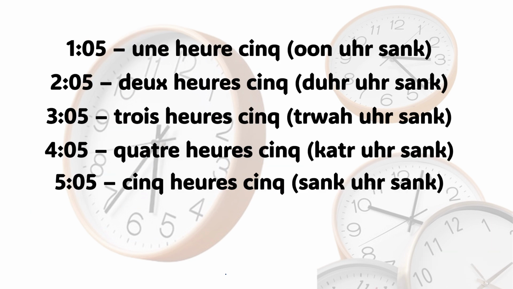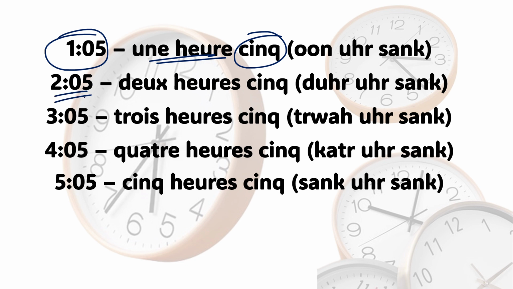Let's see some other examples. This is 1:05, like 1 hour and 5 minutes. How will we speak that? We already know one hour is une heure, and cinq is 5. So 1:05 is une heure cinq.